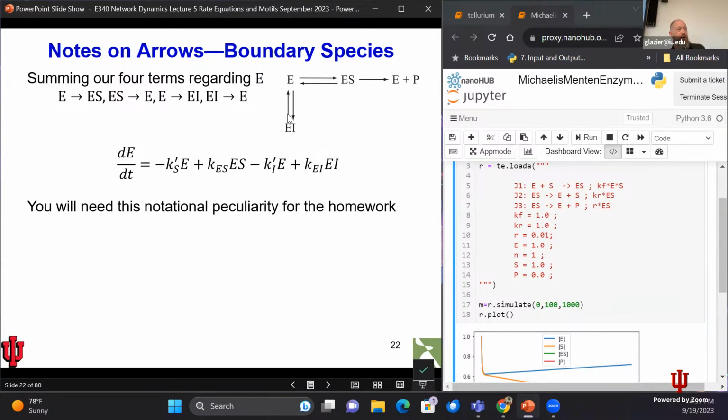I get it back when EI decays. And so there are 4 arrows pointing to E here. And that means there are 4 reaction rates. And actually, there's a 5th one, which we haven't looked at yet, which is ES going to E plus P. So there's an additional one coming from here, which I haven't written.